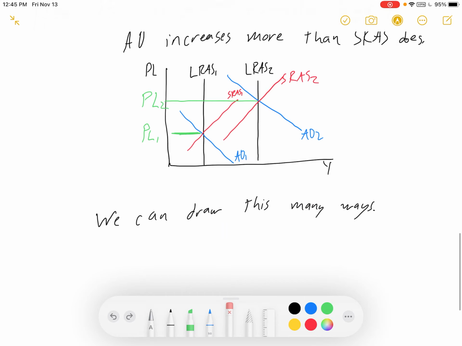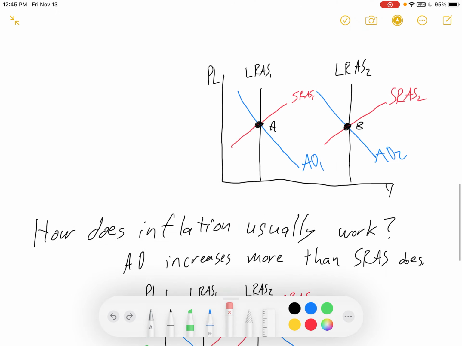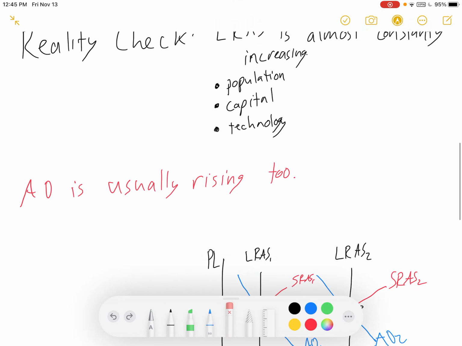And like I said, we can draw this many ways. I can have aggregate demand and short-run aggregate supply decrease during a recession. I can have them being roughly still while our long-run supply curve moves. I can make there be more inflation or less inflation. I'm not going to get into a lot of the crazy details.